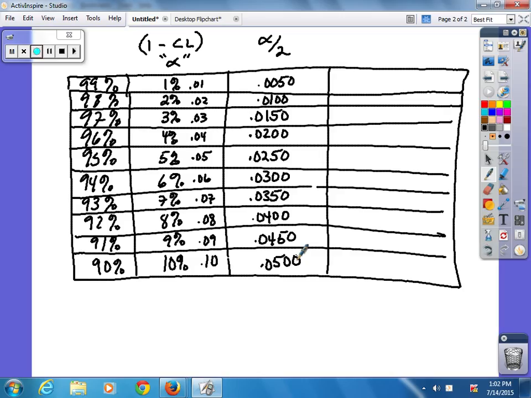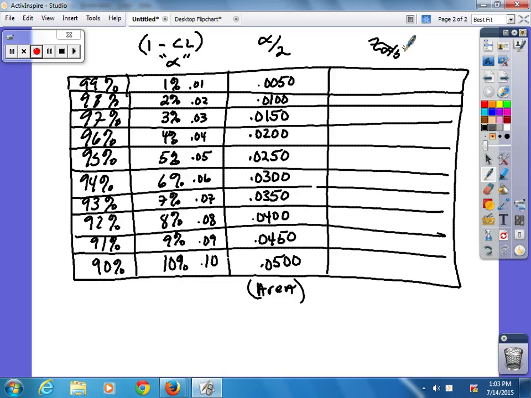What do you notice about the way I wrote those? Yeah, they're half, but what else did I do? I made them how many decimal places? So what does that mean? Area, good job. So if I'm given the area, what am I going to look for?